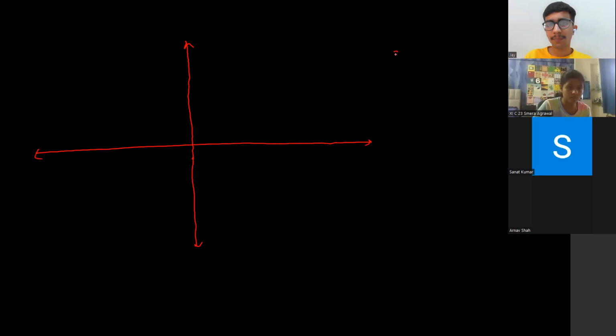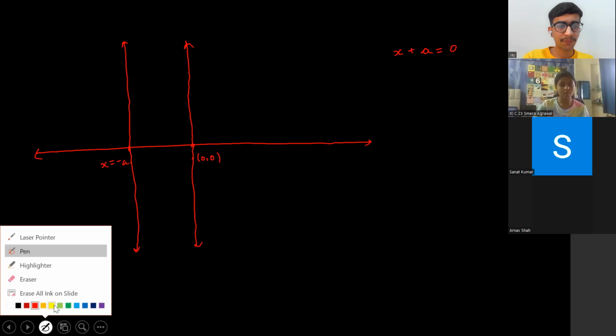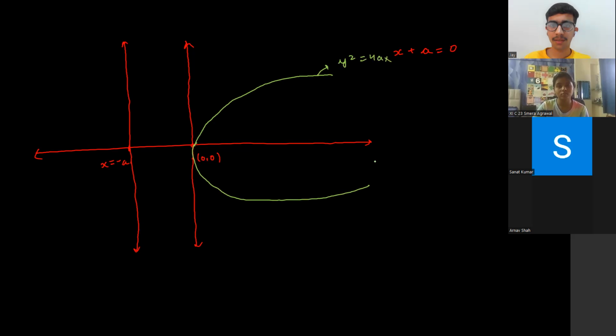Okay, if I want to plot x plus a equal to 0, will that be this line? x equal to minus a? Yes, sir. Okay. This is my origin 0, 0. Now, how does the curve y square equal to 4ax look like? So it looks like this. This is the curve for y square equal to 4ax. This is the x-axis. This is the y-axis.